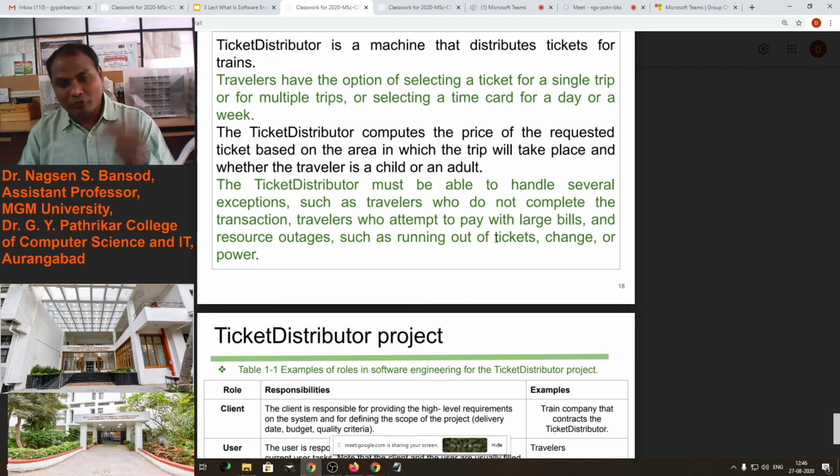Means 2 times you will travel, 4 times you will travel, or which area you will go to, you will go to Chikalthana, you will go to other places of Aurangabad like the university or Ajanta Ellora caves, all that. Accordingly, the price of that ticket will vary.